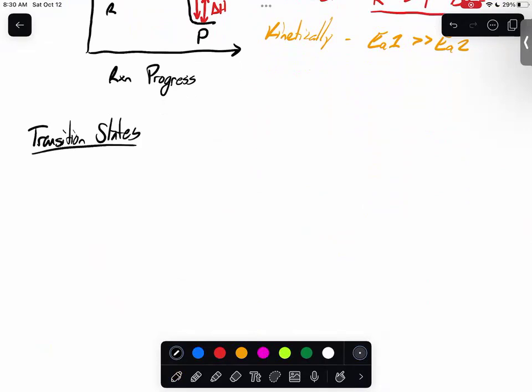Okay. So transition states look like the molecules reacting. Okay. And so essentially, what we're going to do here is we're going to treat these in a very similar way that we were treating resonance hybrids, right?